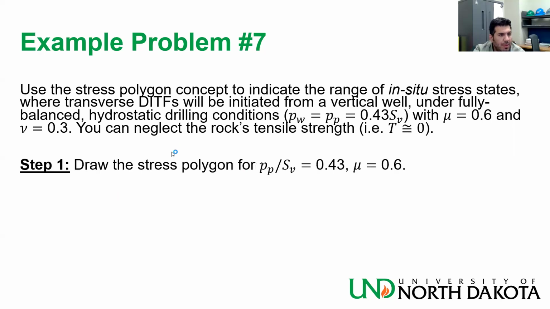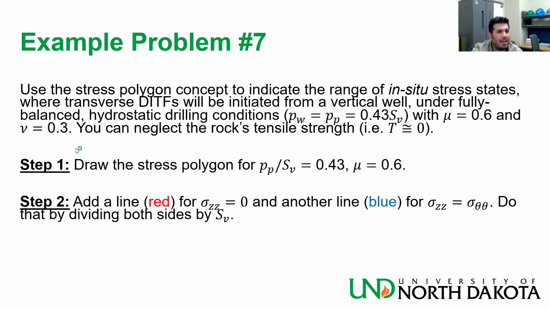So draw the stress polygon for hydrostatic pore pressure PP and mu equals 0.6. Then add a red line for sigma zz equal to 0, which is basically sigma zz equals minus T. I want to use yellow.